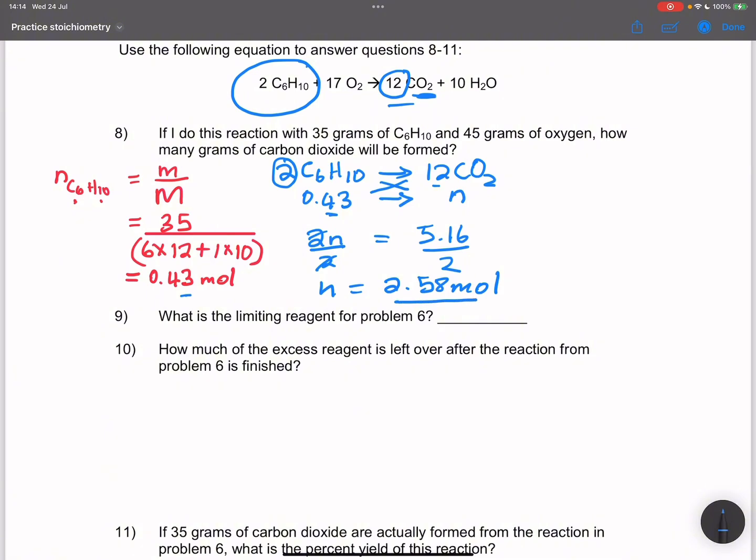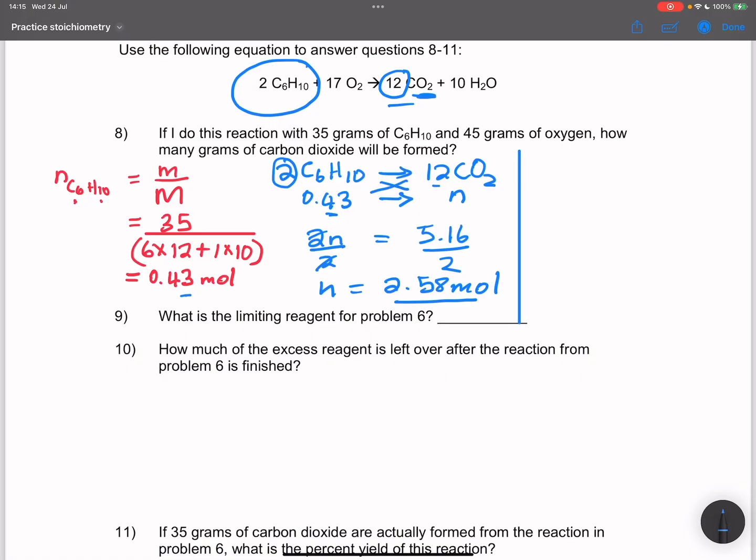Now, here's what I want us to do. I want us to check. We are now going to determine which one is the limiting reagent first, and whichever one is the limiting reagent will dictate or determine how many moles of the products we find. But it would also determine how many moles of the other reactant are used, and as a result, how many would be in excess.